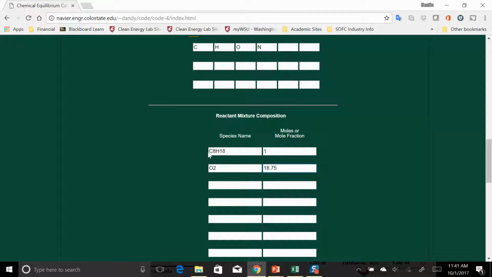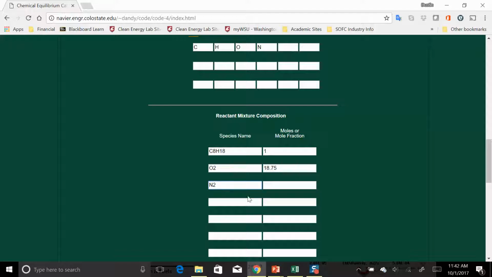There's 8 moles to balance the carbon, and then 18 divided by 4 gives you 4.5. So stoichiometric combustion would be 12.5. And then we wanted it at 150% of theoretical air, so 12.5 times 1.5 gives us that 18.75.